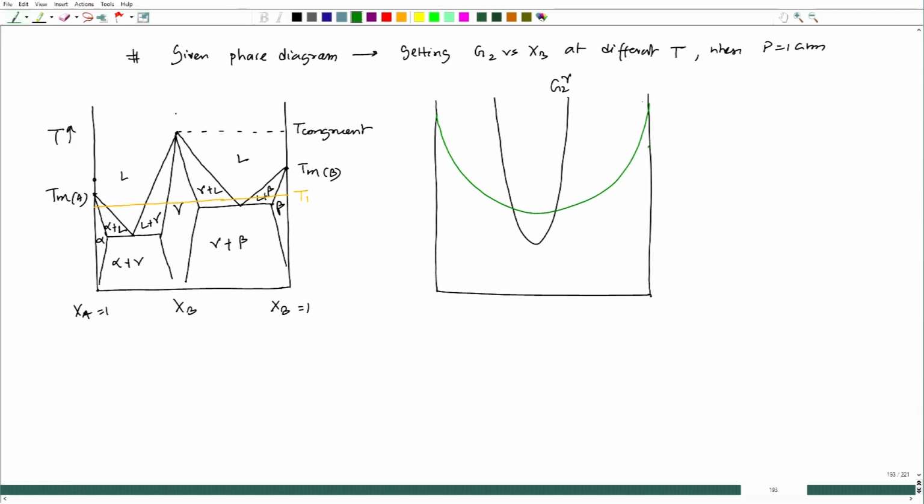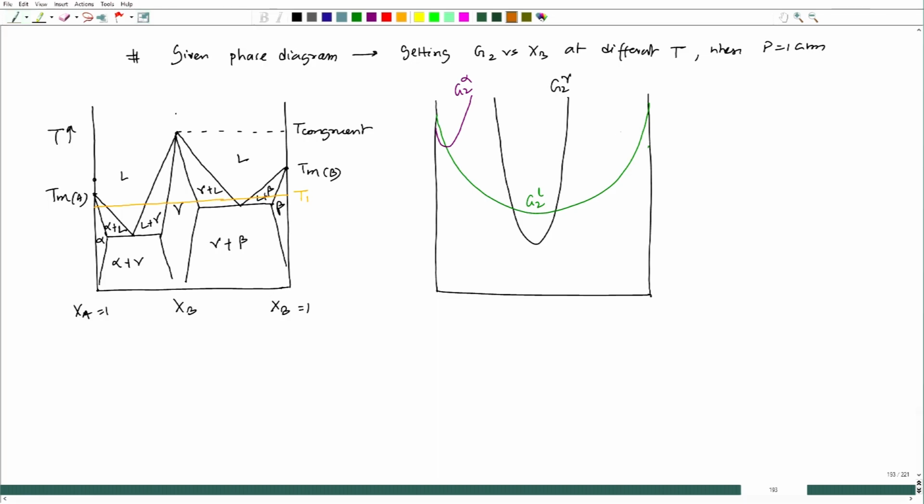Now, if I try to draw the alpha phase, let me draw it with purple color. So, we have the liquid phase, let me draw it a little steeper. Let us say this is G2 alpha, and this will be G2 liquid, and the beta phase, if I try to draw it with a different color.